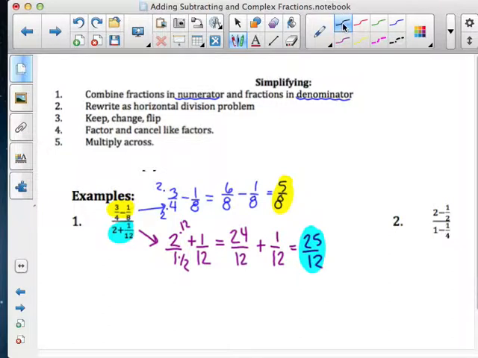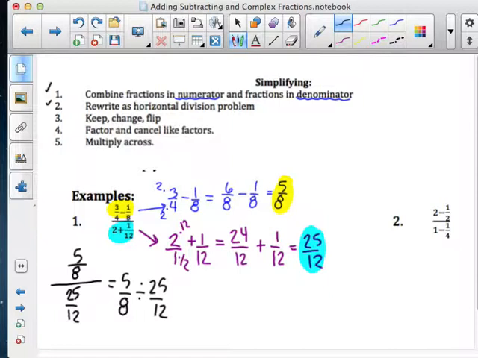So I have 5 over 8 divided by 25 over 12. So what we've done is we've finished step 1. We combined fractions in the numerator and fractions in the denominator. So I'm going to rewrite them as a horizontal division problem. So this is really just 5/8 divided by 25 over 12.